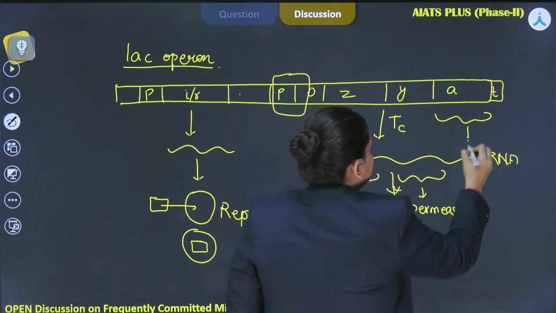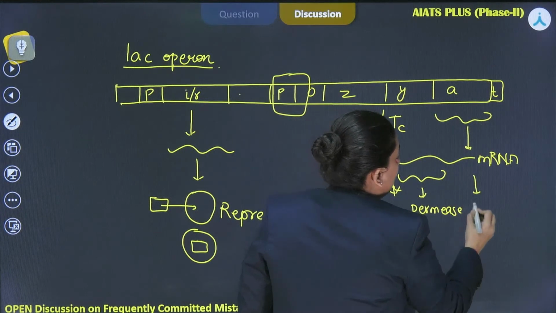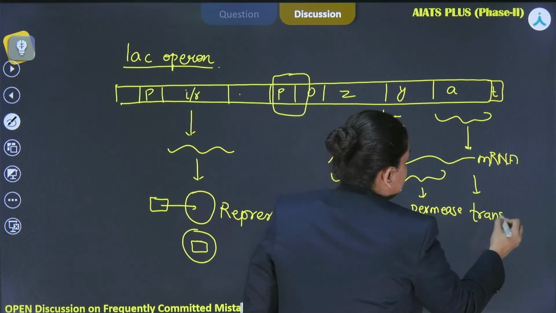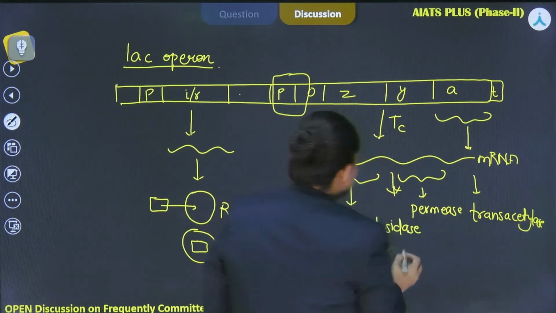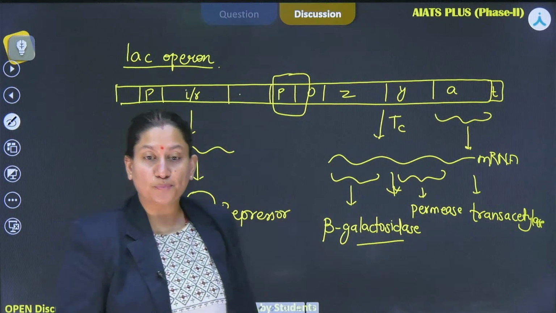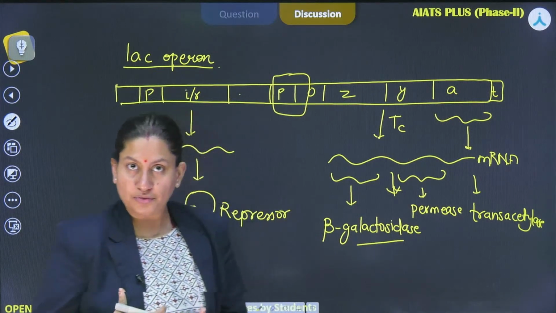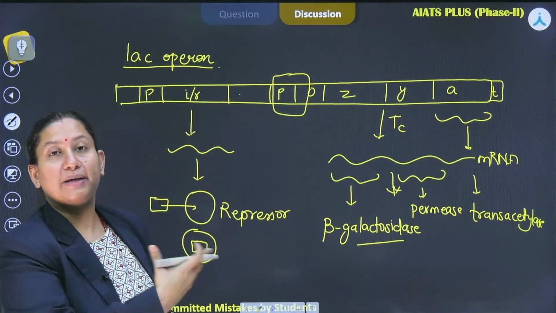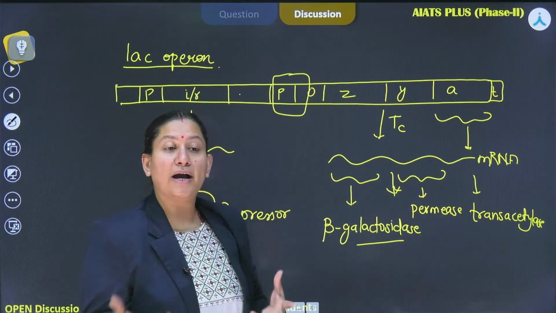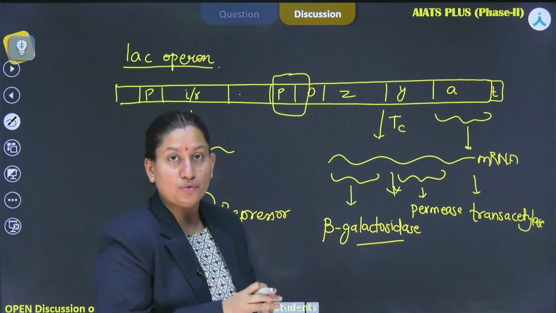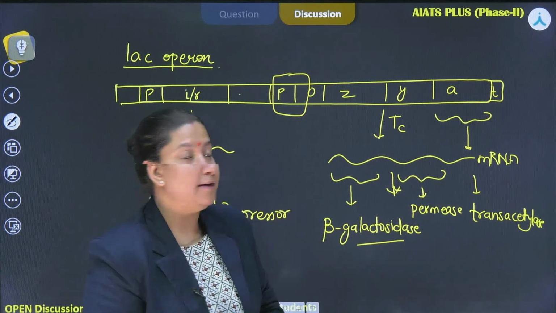With this A, we are going to have the formation of trans-acetylase, right? So this beta galactosidase is responsible for the breakdown of lactose, which is a disaccharide, into its monomeric units, which is glucose and galactose. This permease is required to allow the entry of lactose and the beta galactosides in the cell, right?